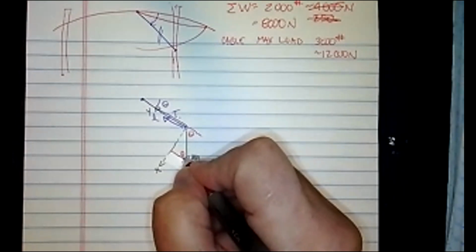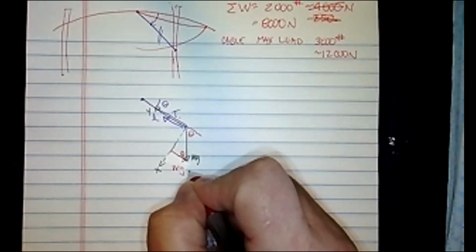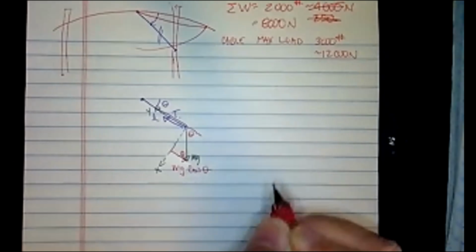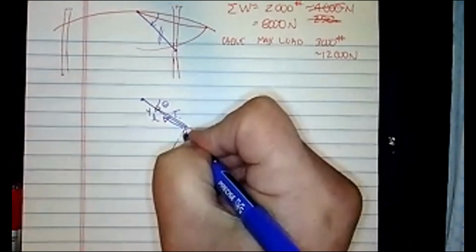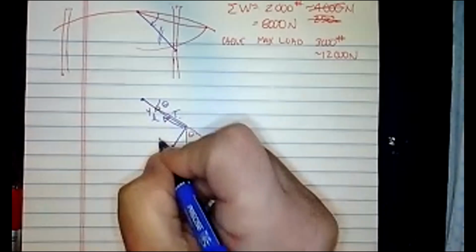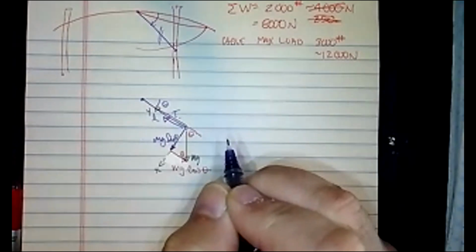So with that in mind, we can see that this component of the weight is mg cosine theta. And this component of the weight, which is actually a positive one, is the one that causes the acceleration, and that's mg sine theta.